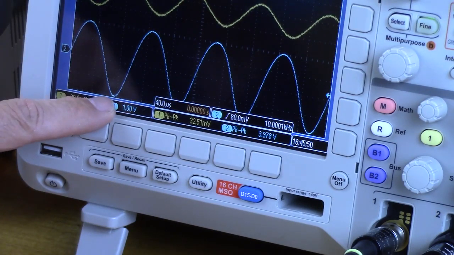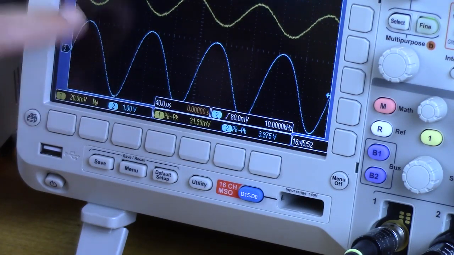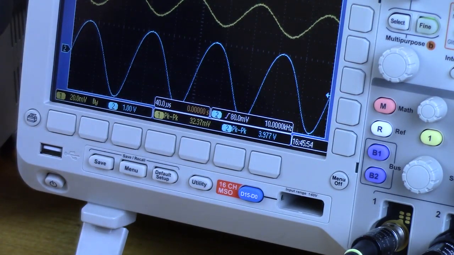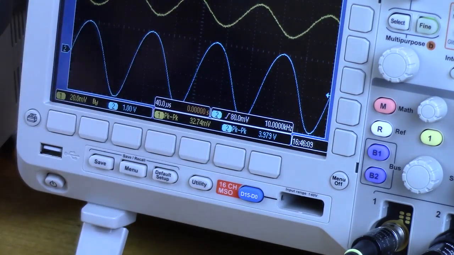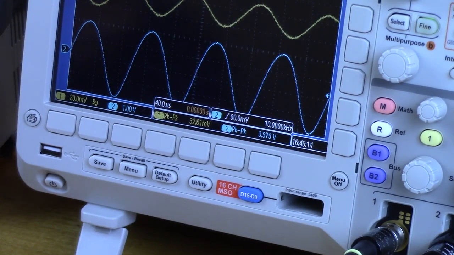From bottom to top, that's 1, 2, 3, 4 divisions. So for this to go down by 3 dB, it's going to go from 4 divisions to 0.707 times 4, which is 2.828 divisions. So we're going to bring the frequency down until this output waveform here measures 2.8 divisions. And then we'll make a note of our frequency. That is our overall 3 dB frequency.